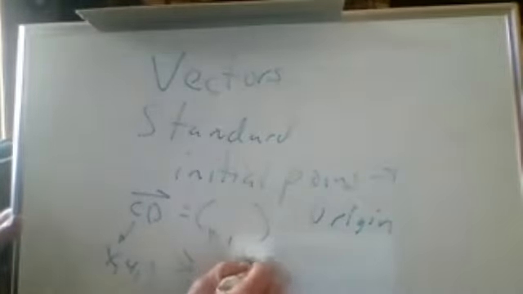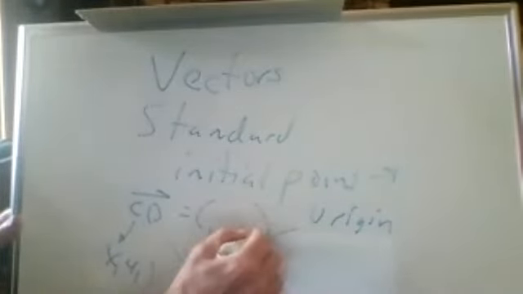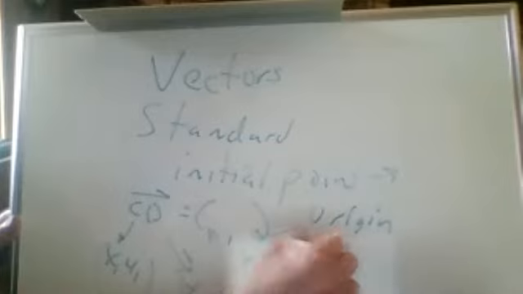If it's in standard position, we don't have to worry about that; we just need the coordinates. But if it's not in standard position, we need to calculate it. So this would become x sub 2 minus x sub 1, and this would become y sub 2 minus y sub 1.